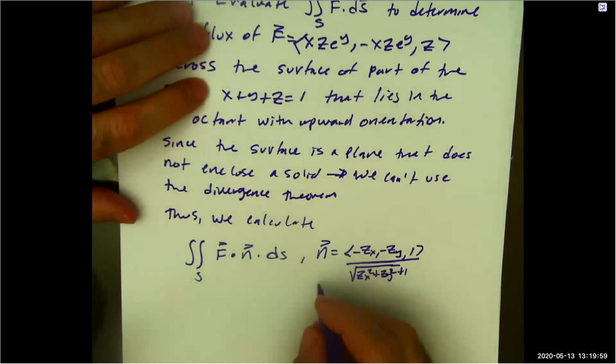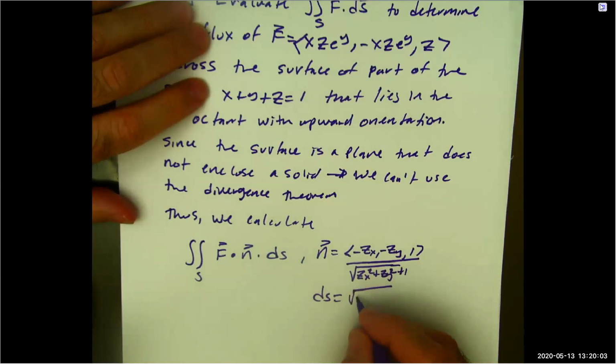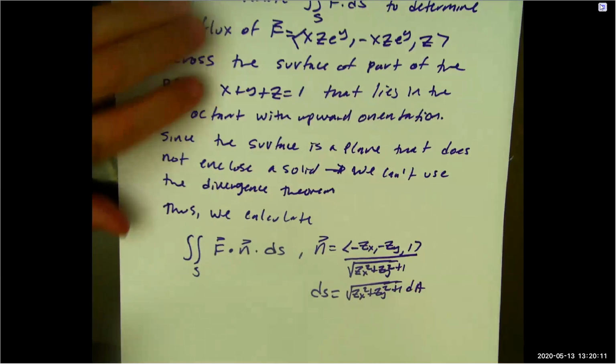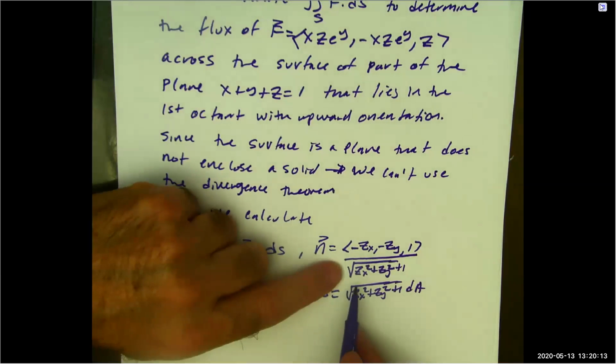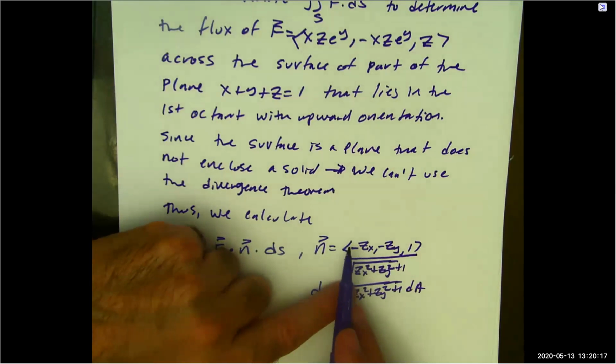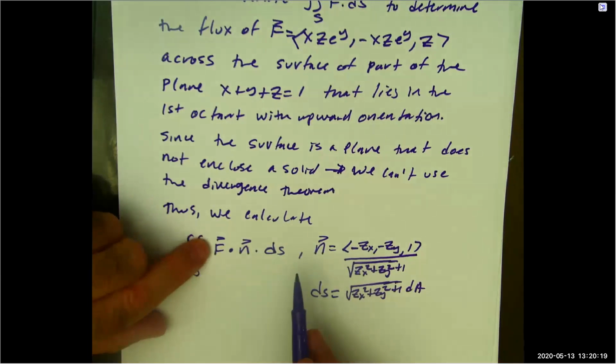And then the dS is going to be equal to the square root of Zx squared plus Zy squared plus 1 dA. So when I multiply these two together, the square root parts cancel, and I'm just going to have this numerator part dotted with the vector field.